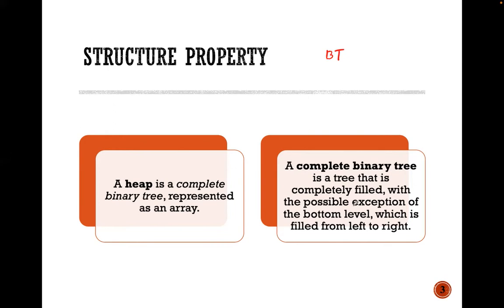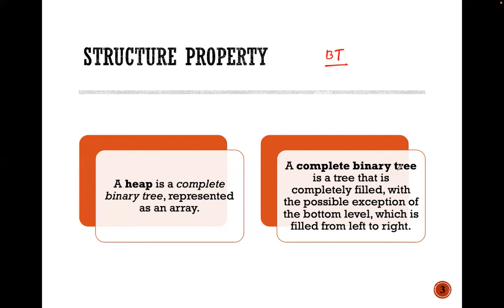Again, it is a binary tree, not a binary search tree. The purpose of binary heap is different from binary search tree. Both are binary trees, but binary heap has different properties than binary search tree. Now, binary heap is a complete binary tree.